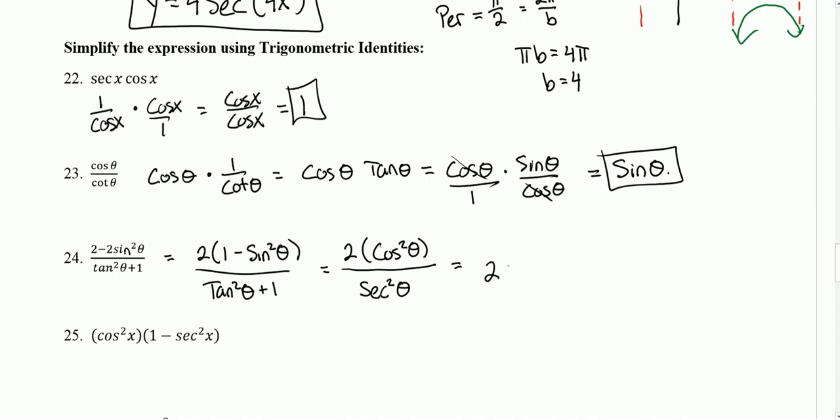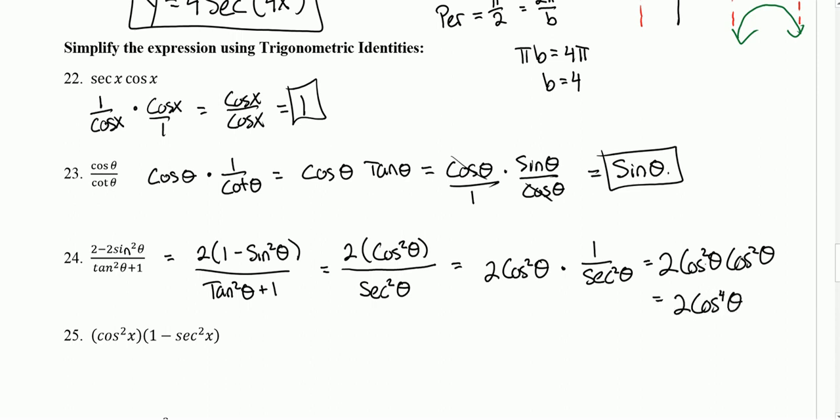We have 2 cosine squared theta times 1 over secant squared theta. And 1 over secant squared theta is cosine squared theta. So we get 2 cosine squared theta times cosine squared theta, which is 2 cosine to the 4th power of theta, because you get cosine squared times cosine squared, which is cosine to the 4th.